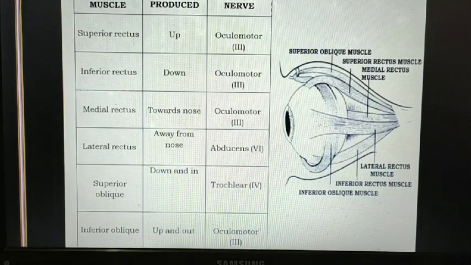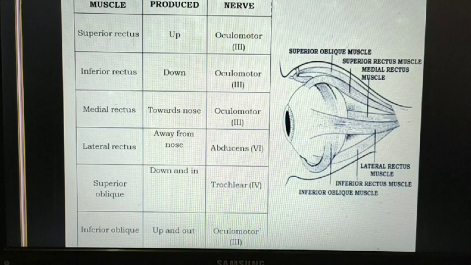The movement of the eyes to look in a particular direction is under voluntary control, but the coordination of movement of the eyes during convergence and accommodation to near or distant vision is controlled by reflex action.